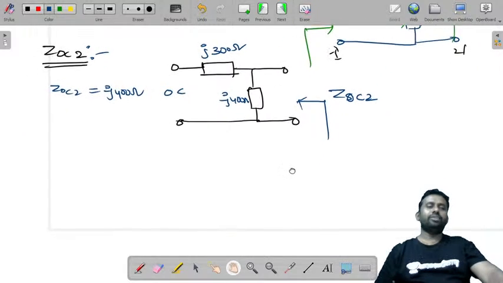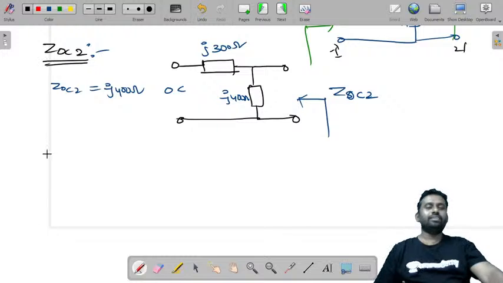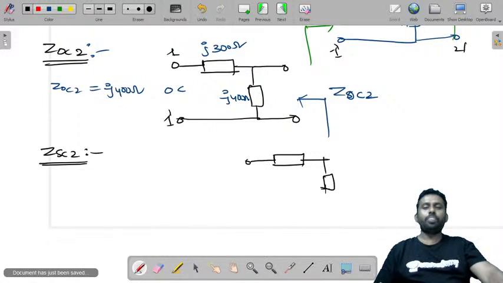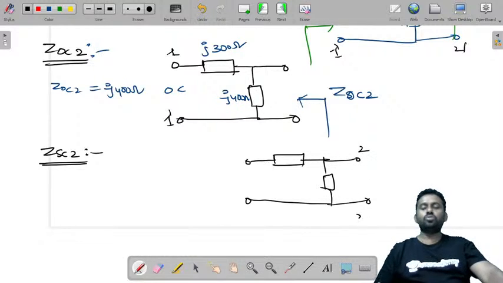Similarly, let's find ZSC2. We are measuring at this 2 dash port.